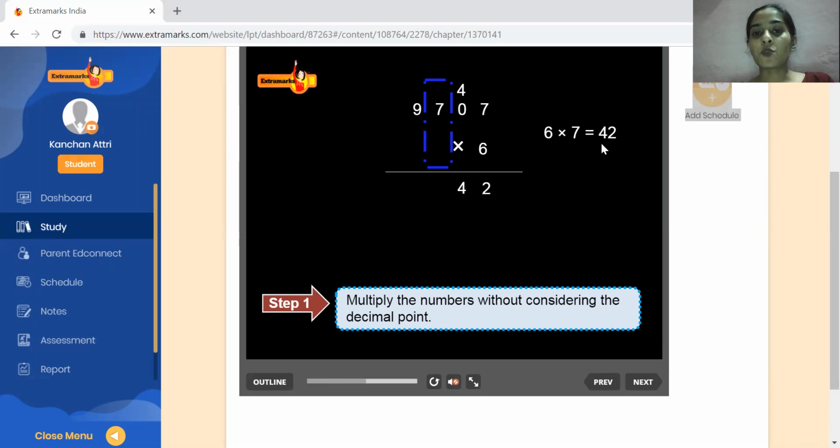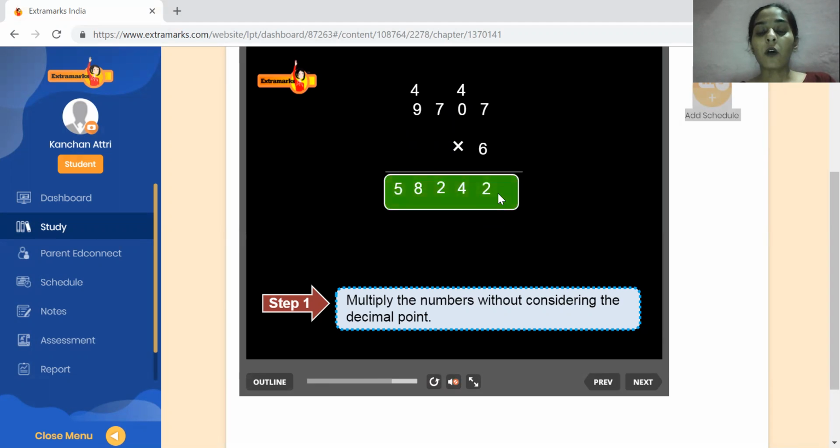So we place 2 in the hundreds column and take 4 as carry over to the thousands column. Lastly, we multiply 6 times 9, which gives 54. Now we add the carry over 4 to 54 and that gives 58.